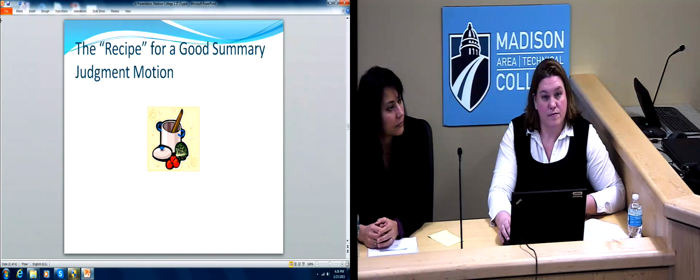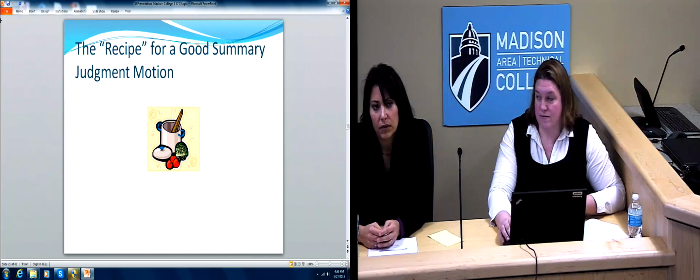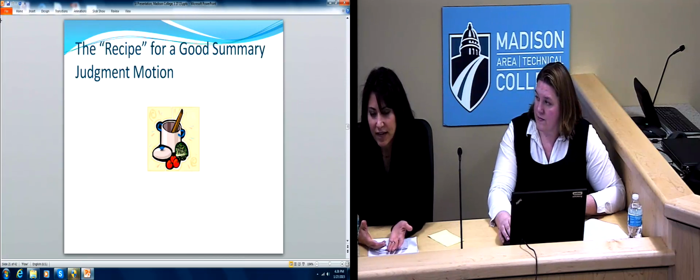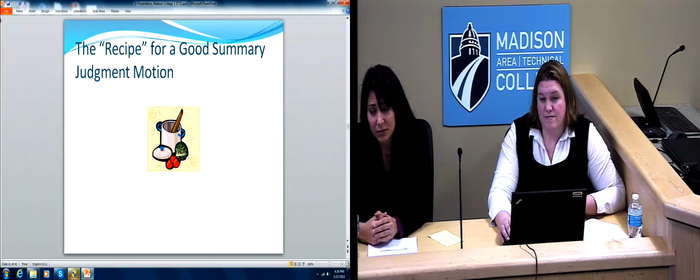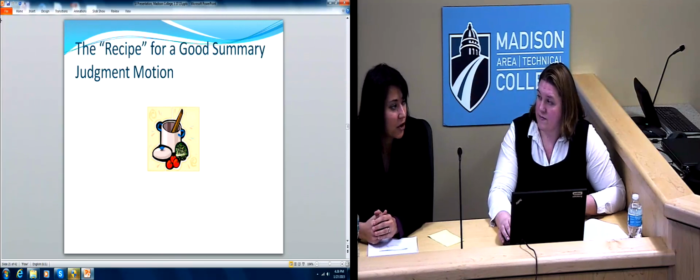Students, any questions? Question. Yes. Are there situations when a judge will dismiss a case without regard to a summary judgment, just on his or her own? There are, and that's actually a very complex question. Judges can sua sponte dismiss things, and sua sponte is, I think, a Latin term that means on your own or of their own volition.